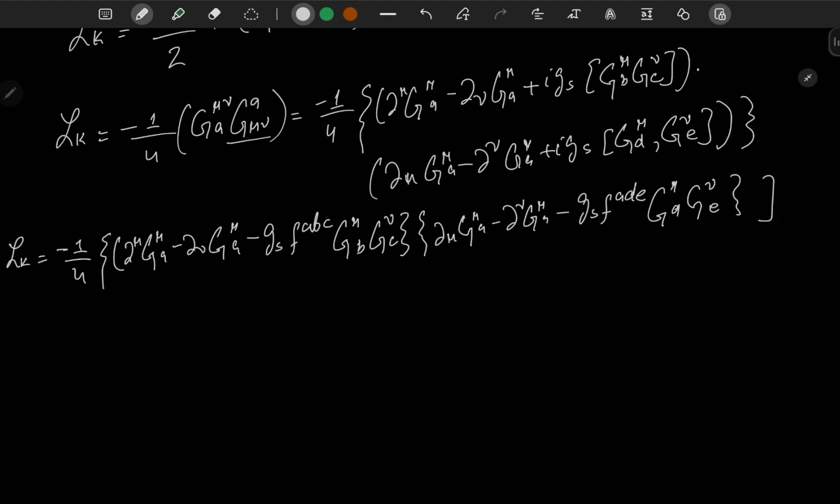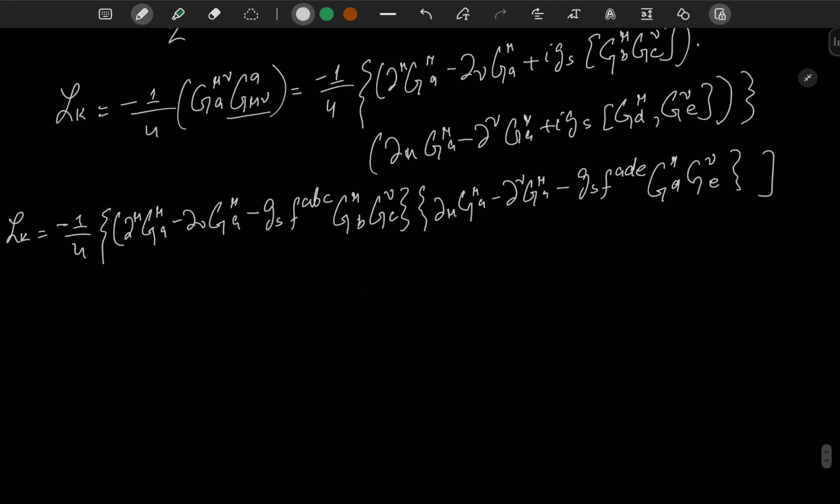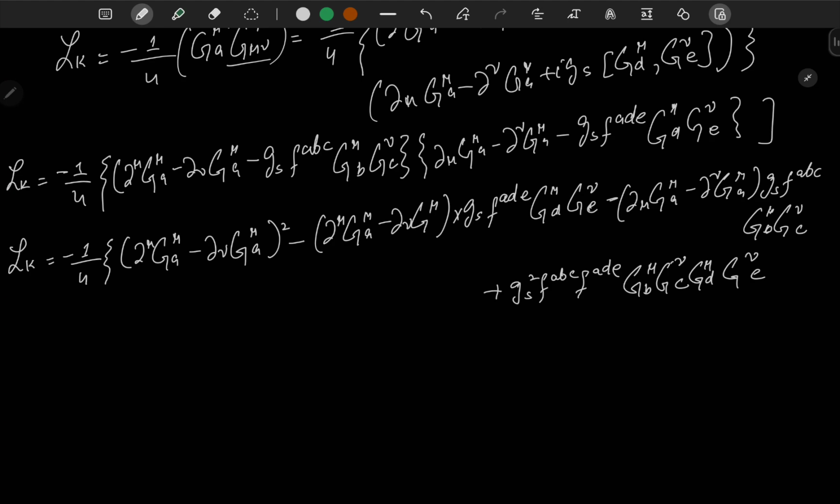Okay, so now I'm going to multiply these two and see what I get. After multiplying, I get a quadratic term here, this term, and then this term.